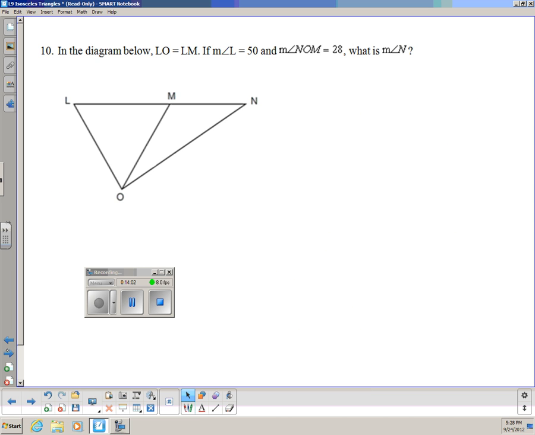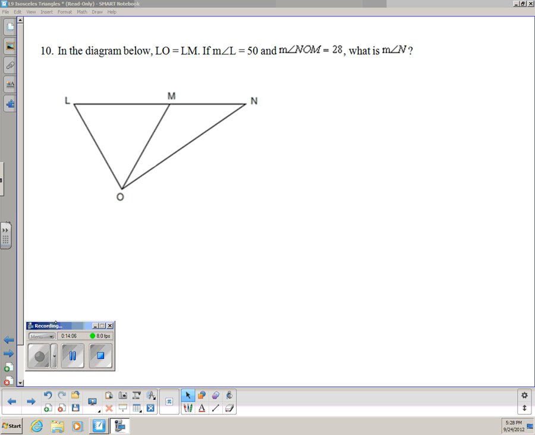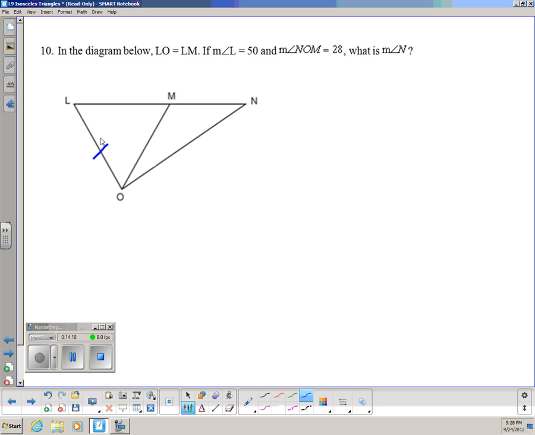All right, and one more thing, number 10. This question is one that popped up on the Regents a couple of times, something like this. So it's an important one to understand. In the diagram below, it says LO is congruent to LM. Well, that automatically makes that side triangle isosceles.